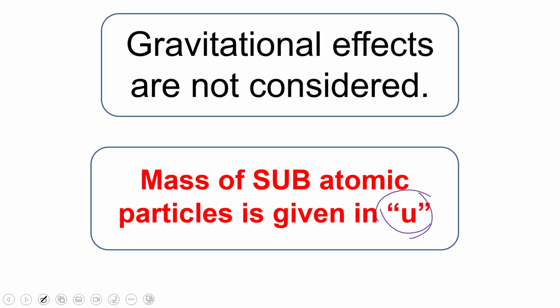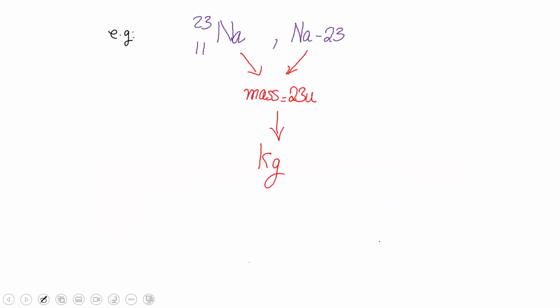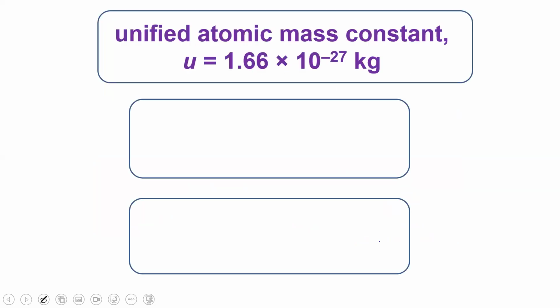My next concept. Microscopic particles' mass is not in regular kg. They have a different unit called u. What does u stand for? Unified mass constant or atomic mass unit. These are the masses which come from the periodic table. You must have seen this in school, in the very famous chapter, nuclear physics. So 23 u, you have to convert it into kg.